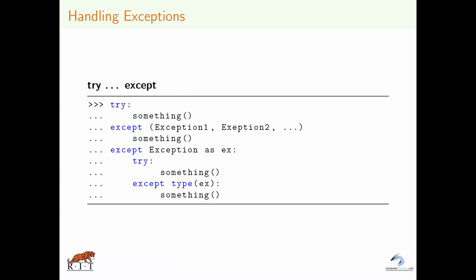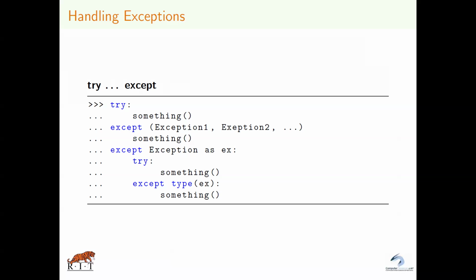The other way is to check what type of exception it was. Was it a type error? Was it a memory error? So you can check for the exception type or for several types, and as in elif, you can have several exceptions.